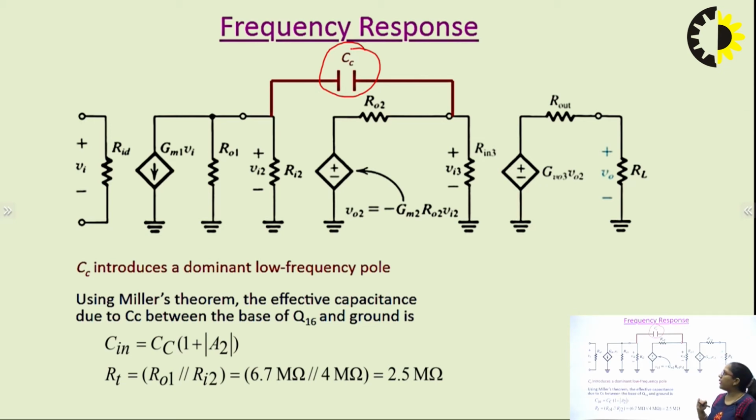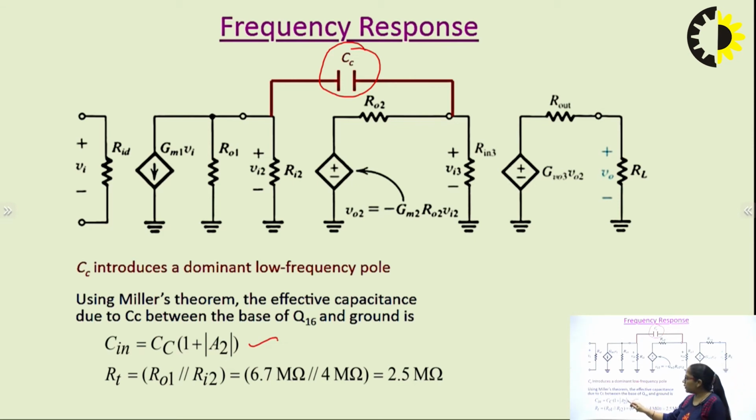So first we are required to calculate the overall input capacitance. The overall input capacitance can be calculated with the help of the expression given by the Miller compensation technique, Cc times (1 plus mod of A2), where Cc is the value of this coupling capacitor and A2 is the gain of the second stage.